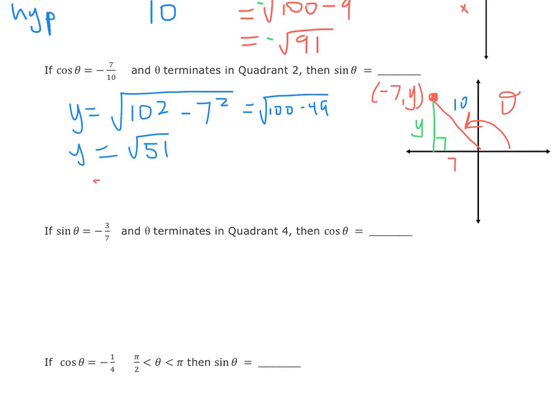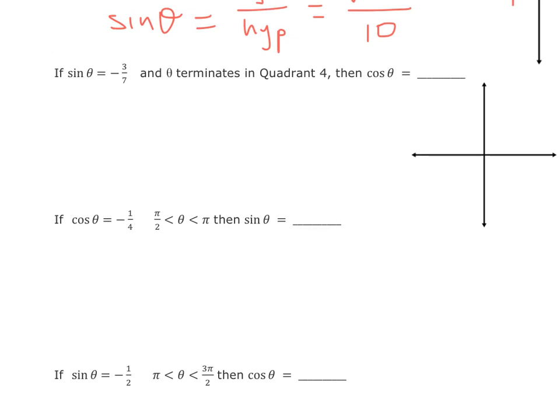That gives us sine theta equal to y over the hypotenuse, so that is the square root of 51 that we just found over the hypotenuse that's given to us of 10.